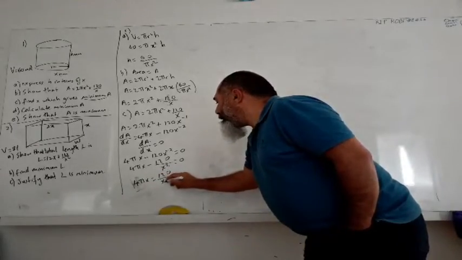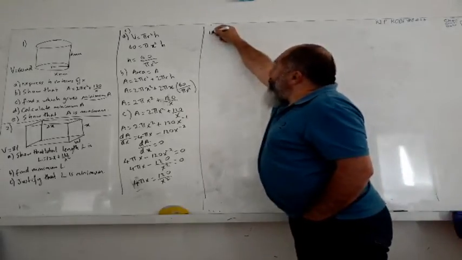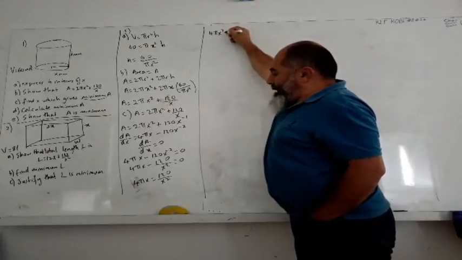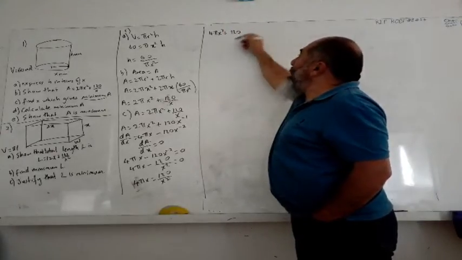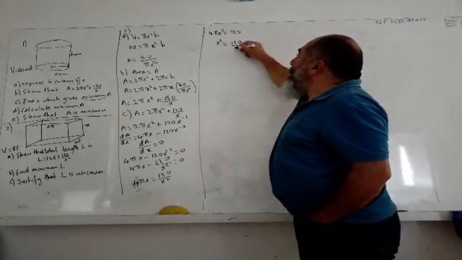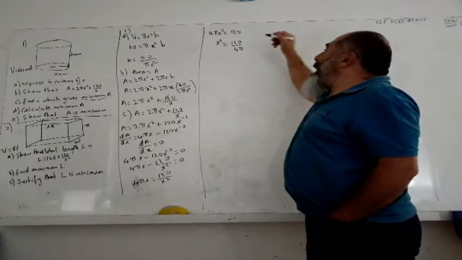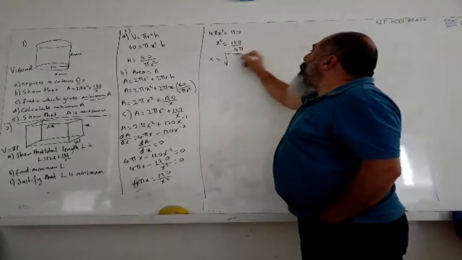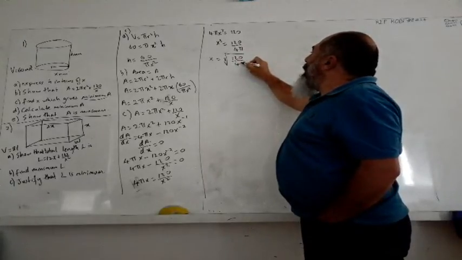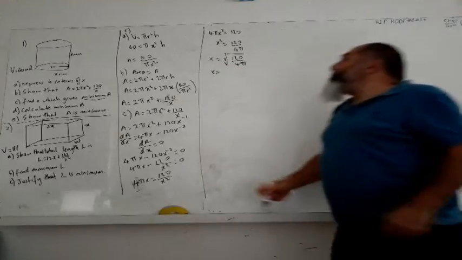Let's continue. Cross multiplication. 4 pi x cubed is equal to 120. x cubed is equal to 120 over 4 pi. And by using a calculator, the cube root of 120 over 4 pi will give us the x value, which gives the minimum value of A.